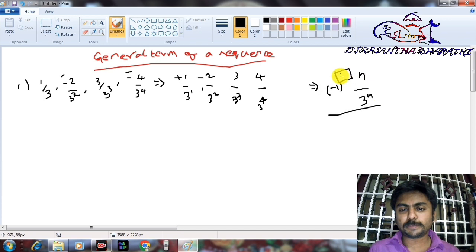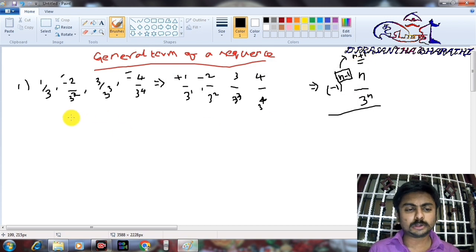So if I put n here, when n equal to 1 it becomes negative, but we are having positive here. So I write n minus 1, or we can write n plus 1 also, but I prefer n minus 1.